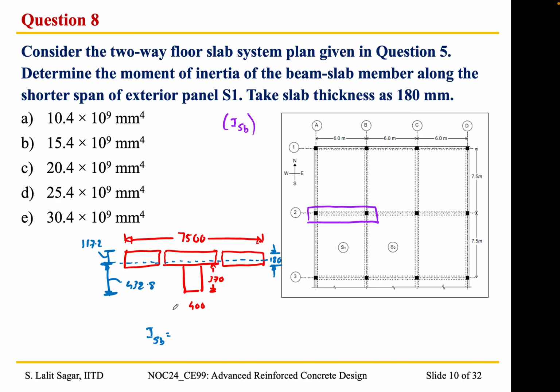Taking the moment of inertia about this centroidal axis, the ISB value is 15.42 into 10 to the power 9 mm power 4. So option B is absolutely right. I need to write it clearly here. 117.2.